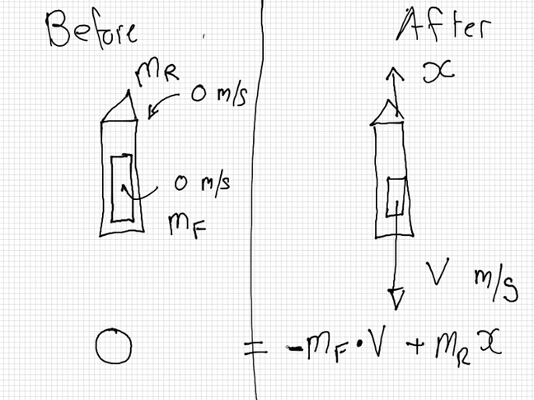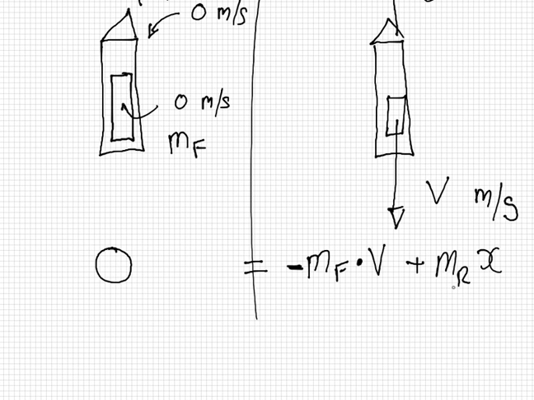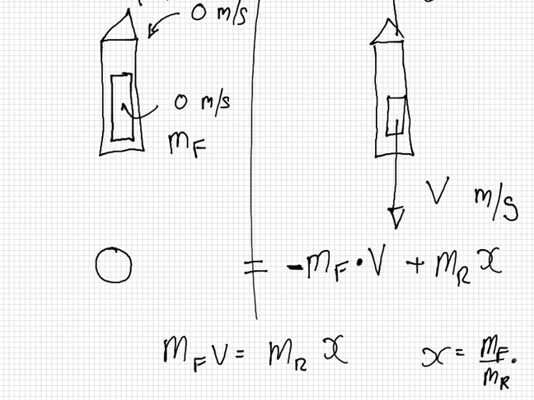Sorry, I should really put in the minus here, because this one's going down. So that means m_f v equals m_r x. So you get x equals m_f over m_r times v.